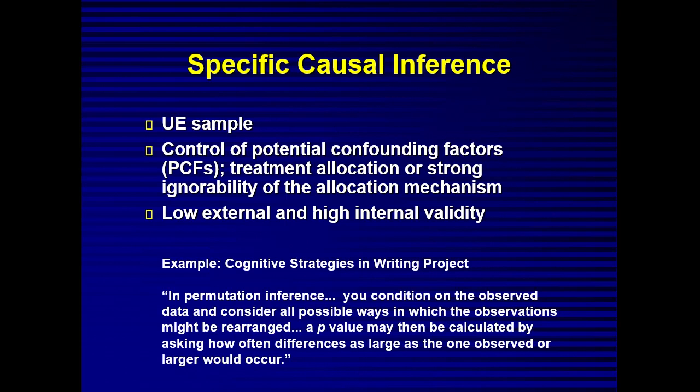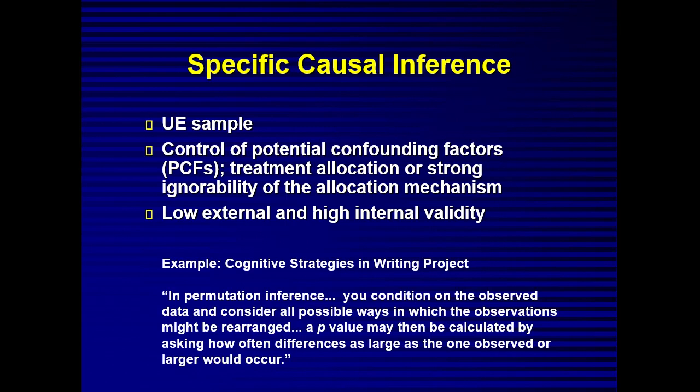And so what he says here is if we have allocated to our conditions in such a way that we can really ignore the allocation mechanism and assume that we've arrived at two conditions that remove confounding factors, then we can consider this as a control of those confounding factors.